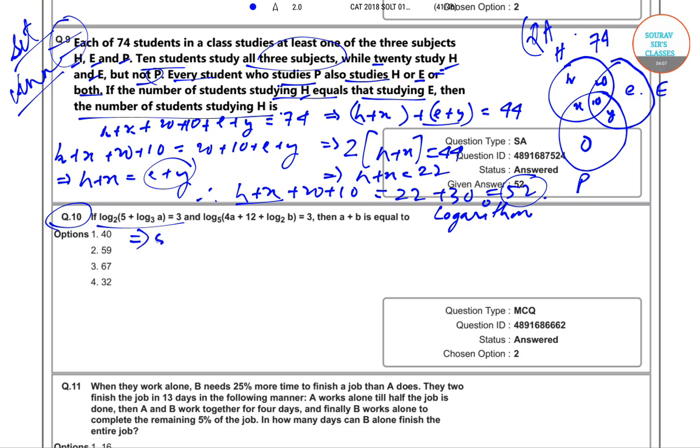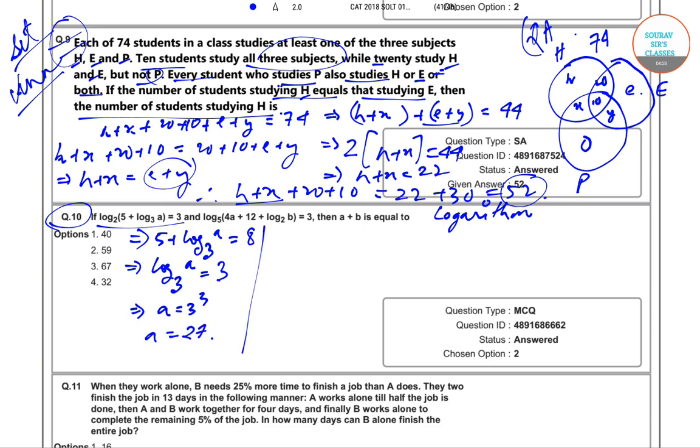So this implies that 5 plus log of a to the base 3 is equal to 2 to the power 3, which will be 8. So that implies log of a to the base 3 will be 8 minus 5, which will be 3. So that implies that a will be 3 cube, that means a will be equal to 27.